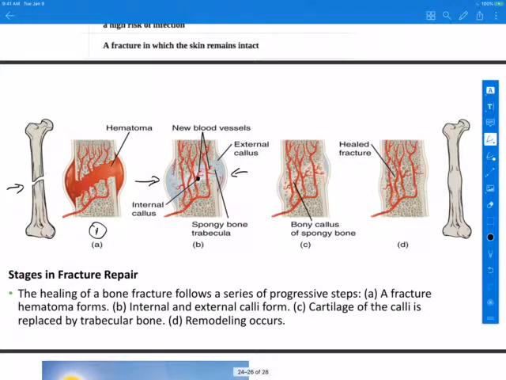Then the cartilage of the calluses is gradually eroded, and that's what we're seeing in this third image here. The cartilage is then replaced by trabecular bone. Technically it's called woven bone, a kind of disorganized spongy bone. So this makes this bony callus, which we can see right here.